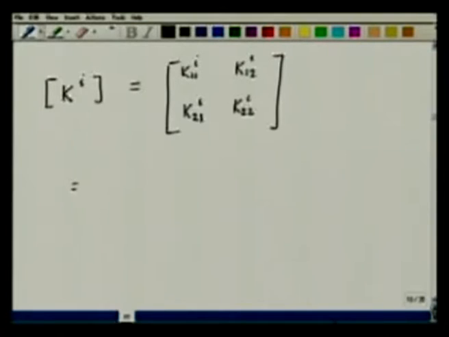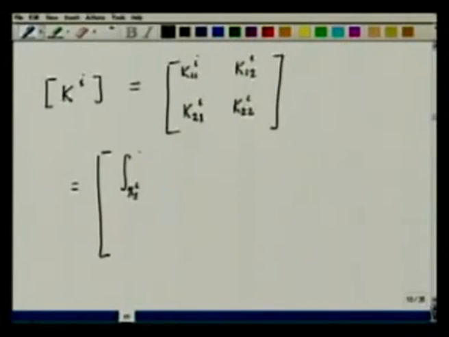And this will be equal to, let me rewrite it again, the integrals all in terms of the element quantities. So it will be the integral from x1 of the element I to x2 of the element I of EA n1I prime n1I prime dx.